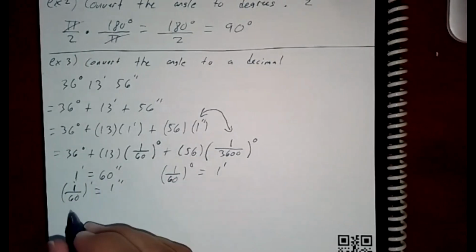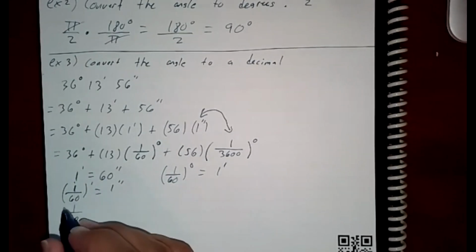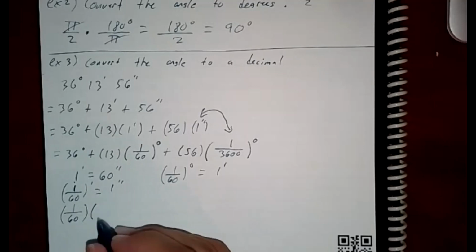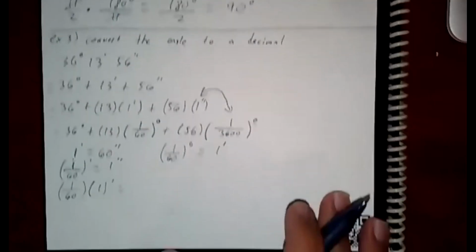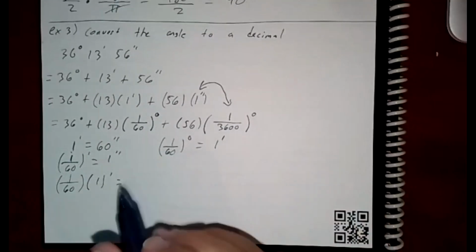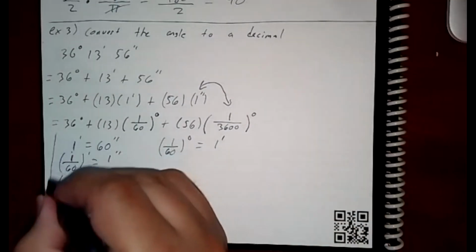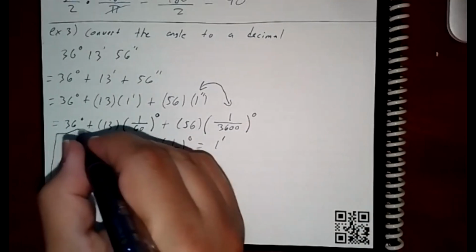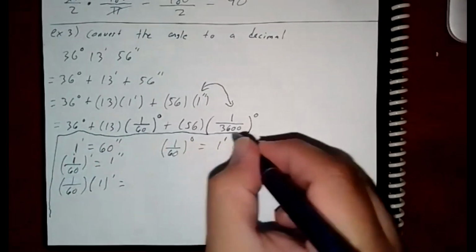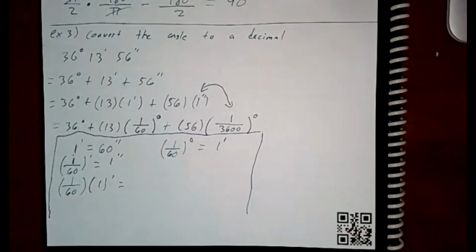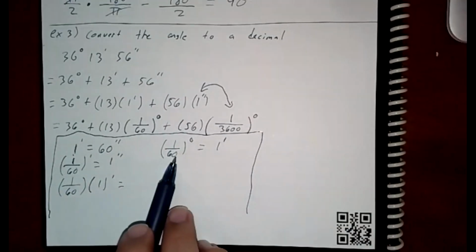Then I need to change this to 1/60 times a minute, so I can do the next step. This is a side note here. So this is going to be replaced with that.